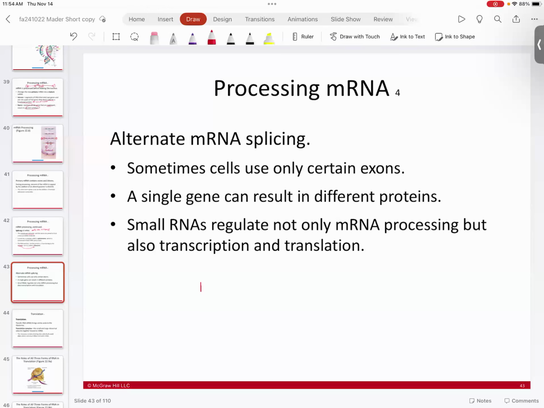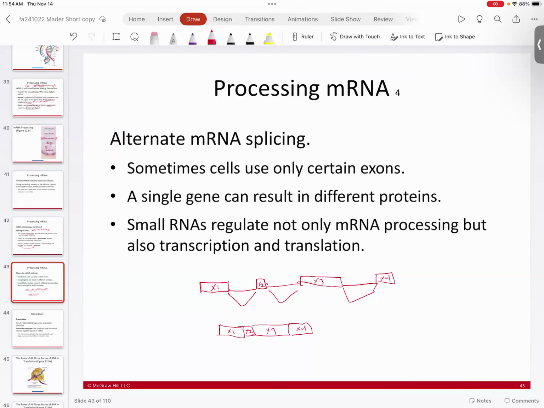Let's imagine we have exon 1 with an intron, a little exon 2, exon 3, and exon 4. One of the things that happens is you nip out each of the introns and you sew the exons together. So what you'd end up getting is exon 1, exon 2, a longer exon 3, and a little bit shorter exon 4. But you can actually nip out different patterns.